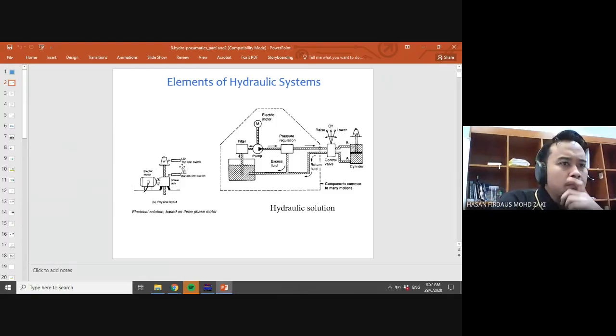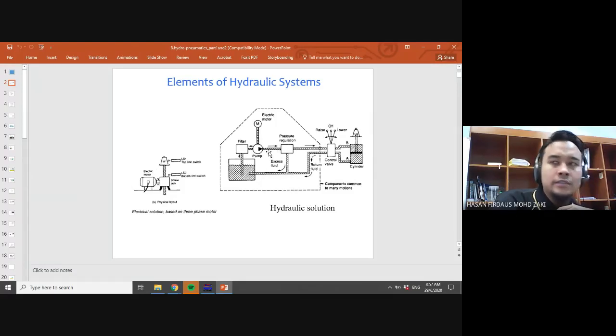So here you have the reservoir. In the case of pneumatics, this one is the compressed air. Then you have the filter, the pump, the regulator, and then the control valve. Note that we also have the connector, like a pipe here.